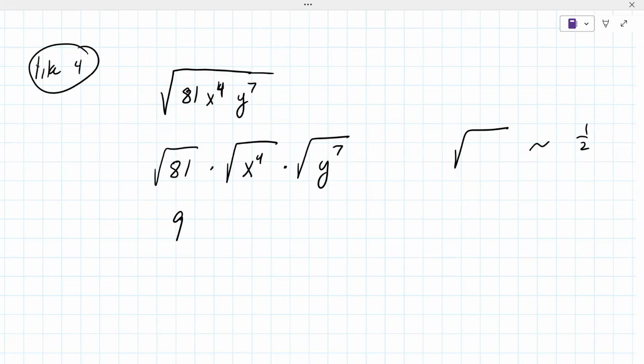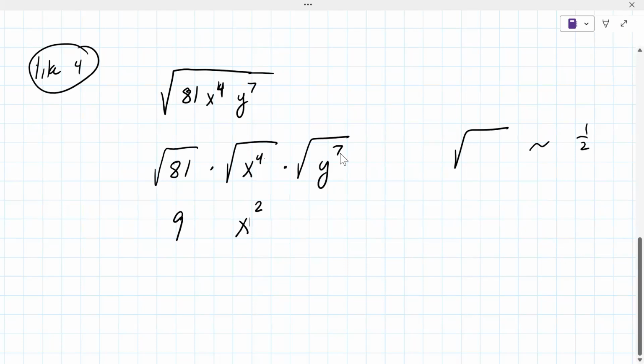So you're going to take this four above the x and multiply it by 1/2, or divide it by 2, whichever you prefer. So that becomes x squared. Is that okay? Yeah.